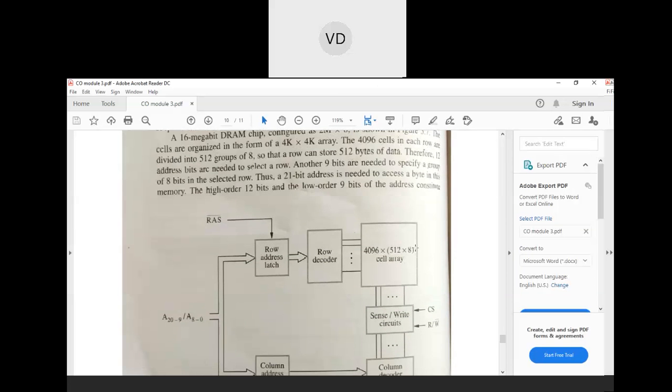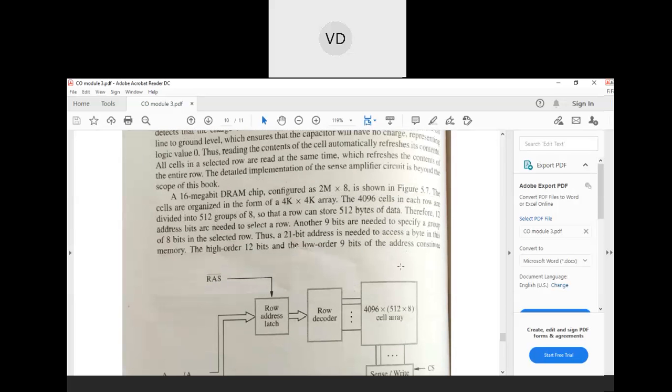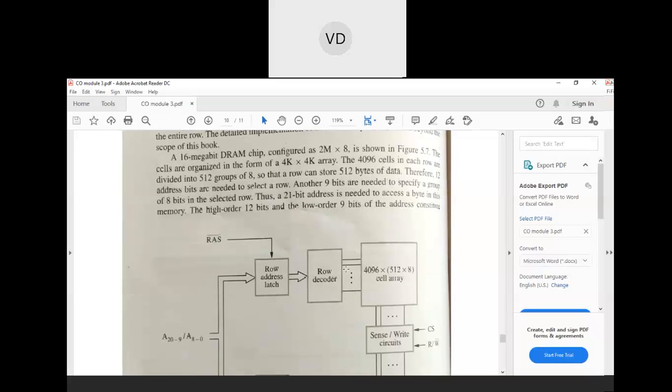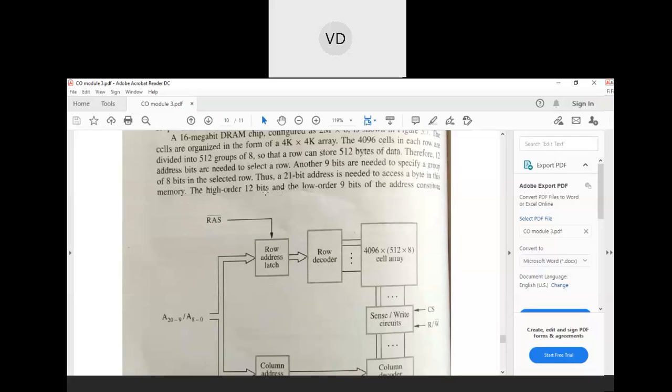To identify which group to select, we are using the 9-bit address. So the higher order 12 bits indicate the row address, and the lower order 9 bits indicate the column address. Using these two, 12 bits for row and 9 bits for column, we are selecting the row and column.